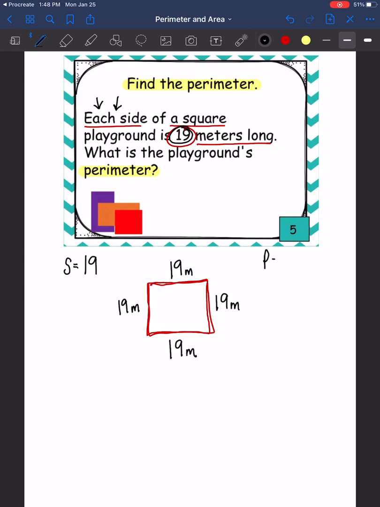And we are looking for the perimeter, which, let's continue to write it, because we totally remember that it is 4 times S from the last one, and S equals 19. So we're going to write perimeter equals 4 times 19. And I'm going to come off to the side over here, and I am going to show my work and do the multiplication.